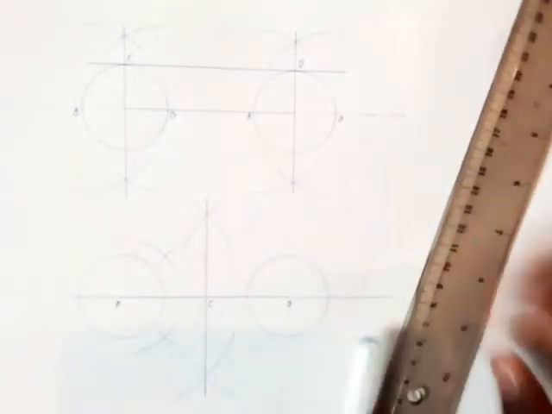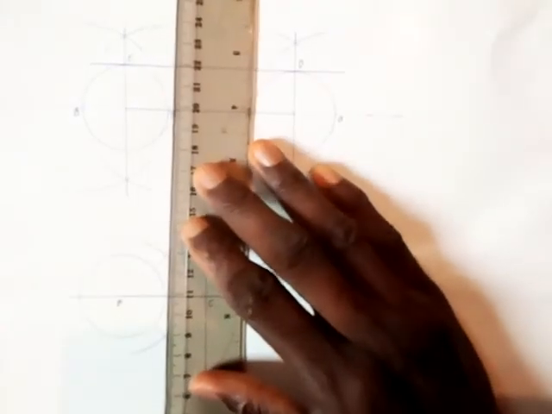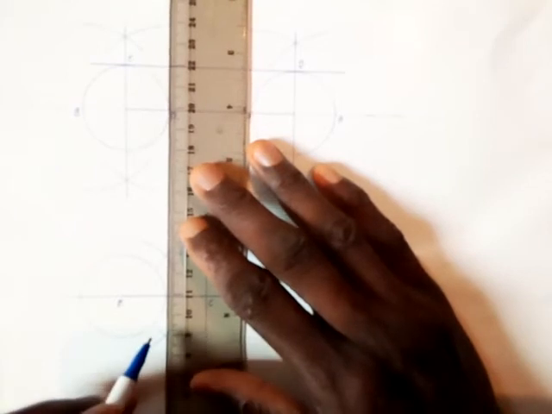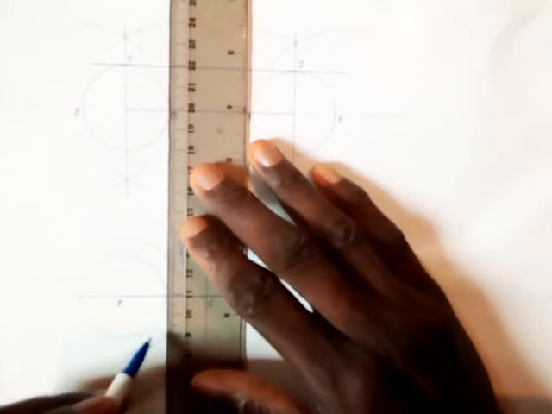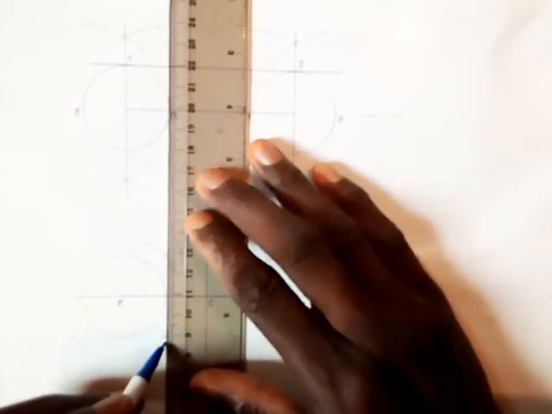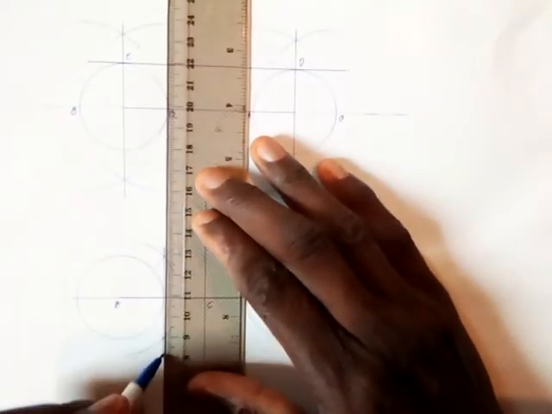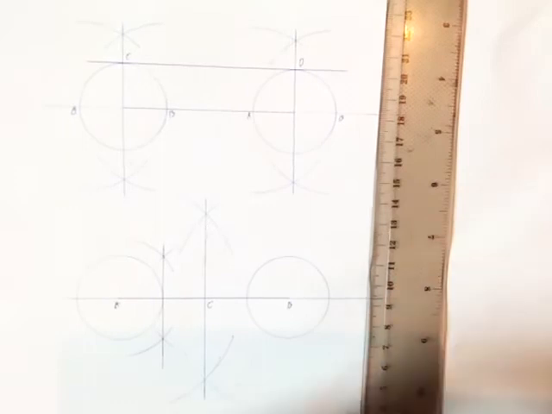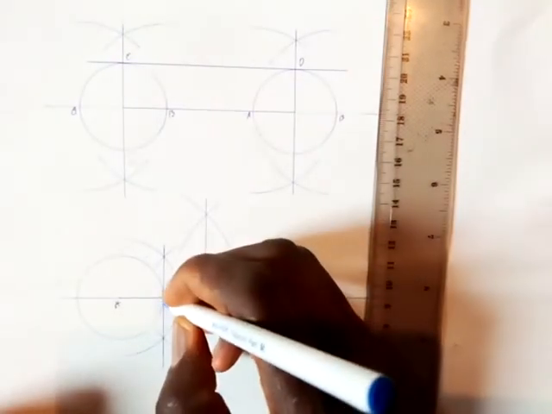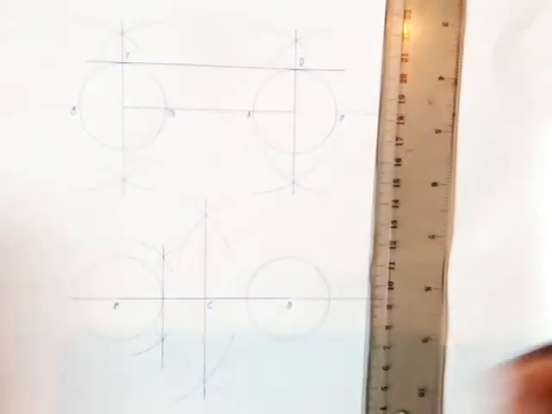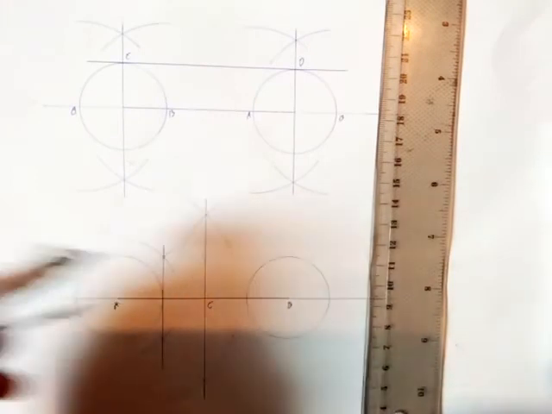I'm going to join the points of intersection together to get the midpoint between point A and C. All right, so this is the midpoint of the distance between A and C.